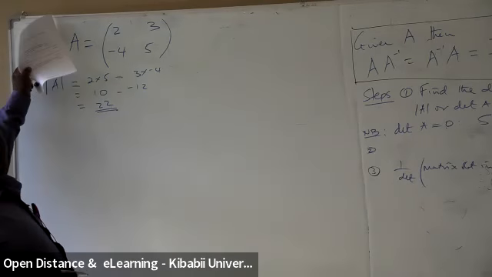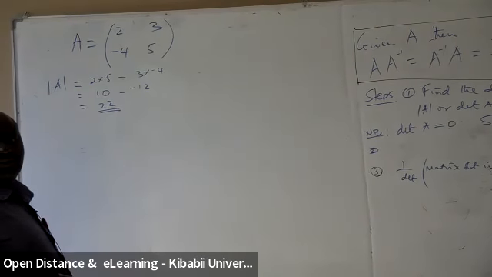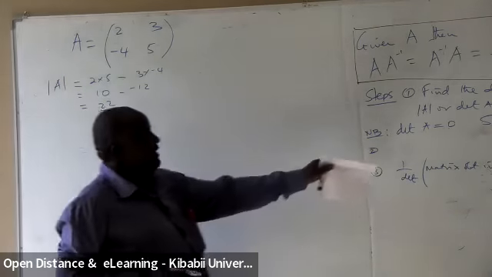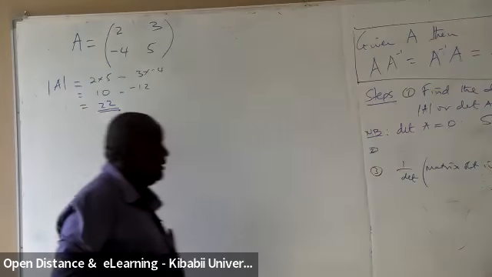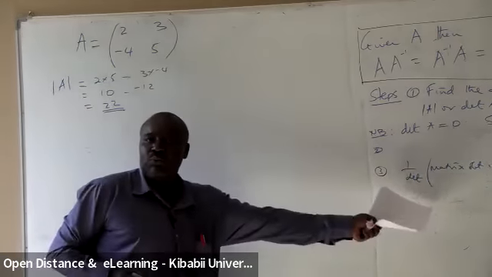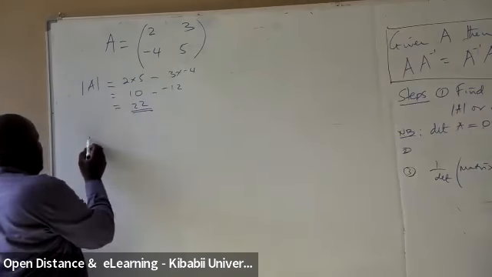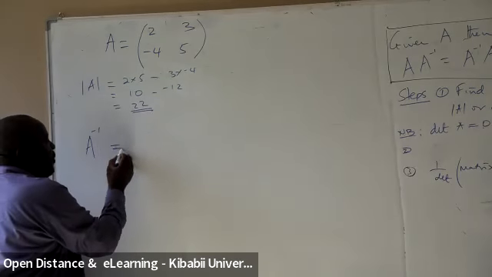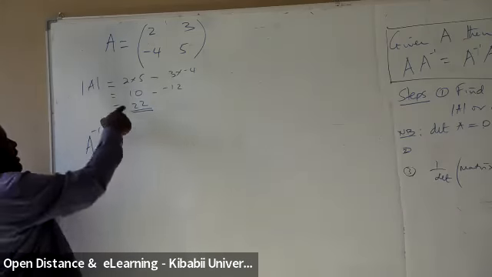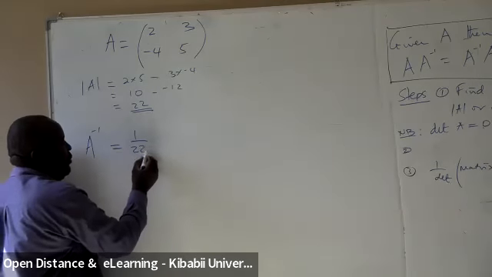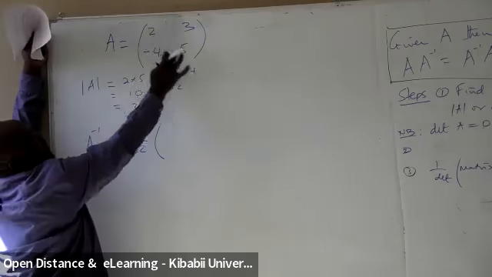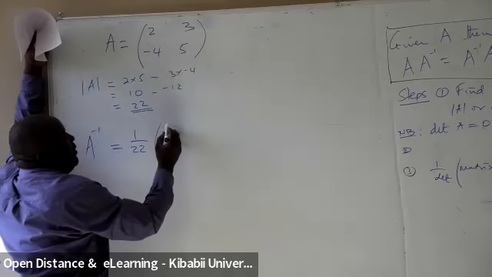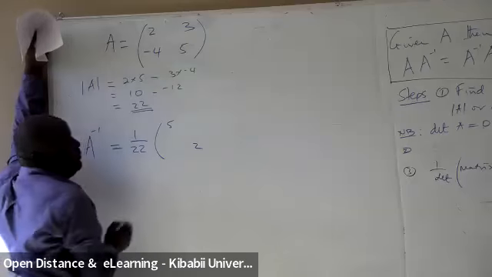For step 2, we revise the signs and interchange the elements to get the matrix, so that we can move to the inverse. The inverse is equal to the reciprocal of the determinant, 1/22, times the matrix. Now we interchange the elements in the main diagonal, which gives us 5, 2.